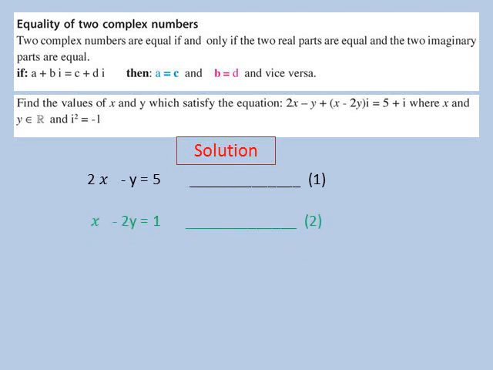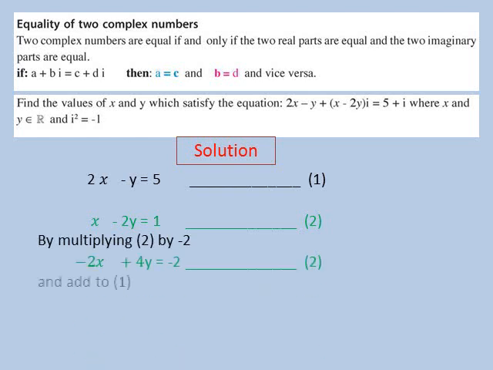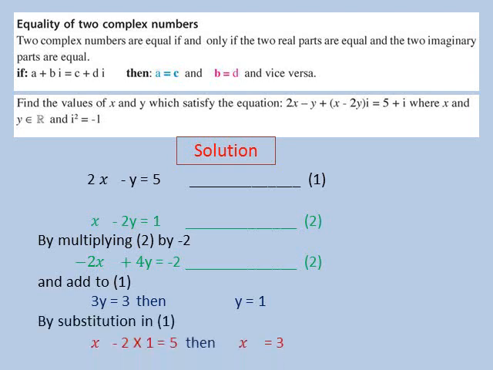We will solve these two equations with each other. How? By multiplying the second by negative 2 and adding 1 and 2. We will get 3y equals 3, then y equals 1. By substitution for y equal 1, we will get x equal 3.